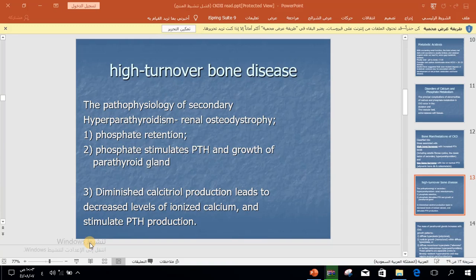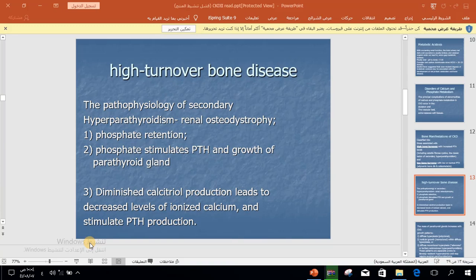What happens in CKD? In CKD, we have hypocalcemia because of lack of 1-alpha hydroxylase enzyme activation of vitamin D, and this leads to hypocalcemia. Hypocalcemia gives a signal to the parathyroid gland to secrete parathyroid hormone. So we have secondary hyperparathyroidism.